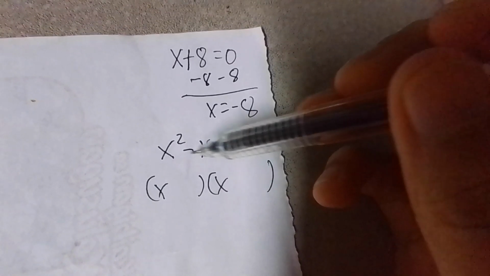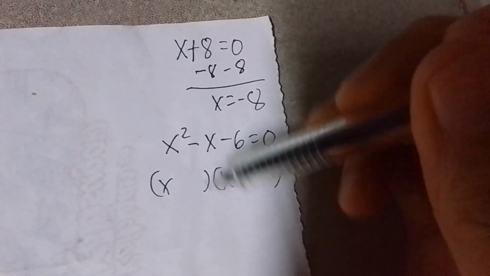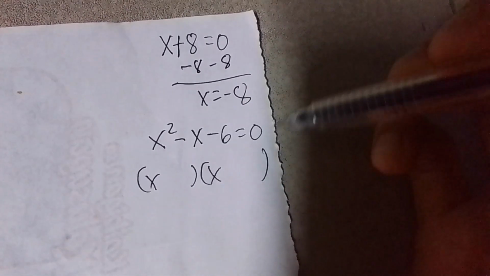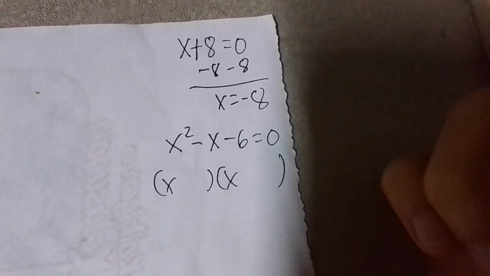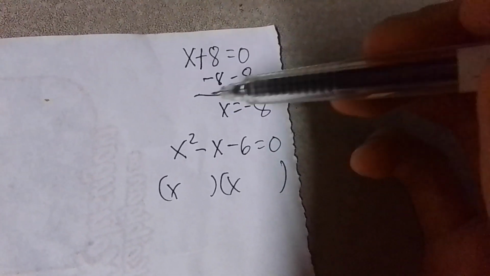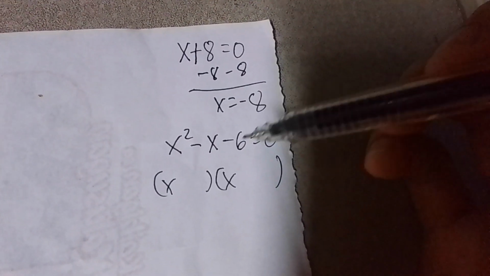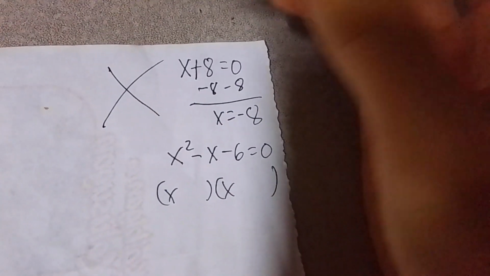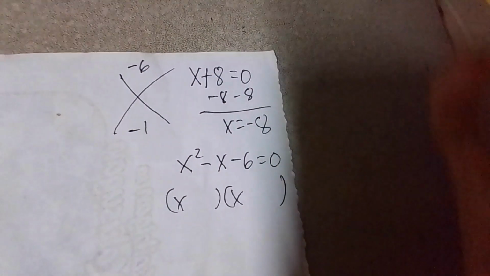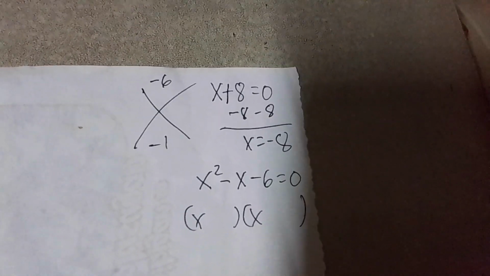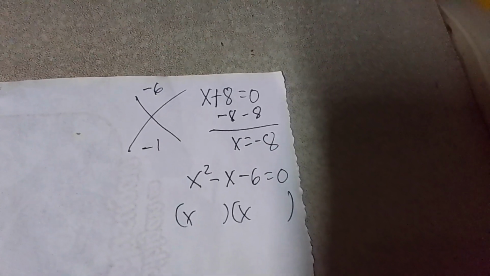Remember, in FOILing method, we have first, outer, inner, last. Diba? That's the FOIL method. What two numbers that you can multiply that you can get negative 1 and that you multiply together to get negative 6. So if you get stuck, you can do the cross method. The answer that we want is right here, negative 6. And dito sa baba, we want negative 1. So what two numbers do you think are compatible to multiply in order for you to get negative 6?